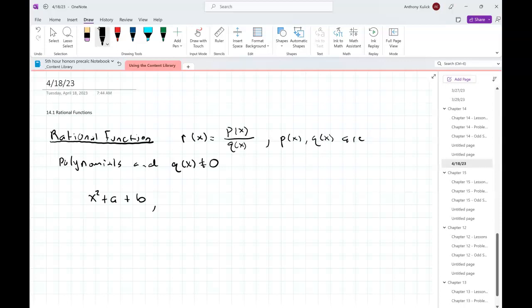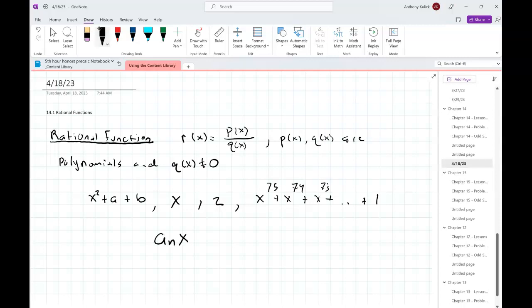You could have 1, right? So like x is a polynomial. And shoot, even 2 is a polynomial. But you could have like, x to the 75th plus x to the 74th plus x to the 73rd, all the way down to like plus 1. Like that's a polynomial.